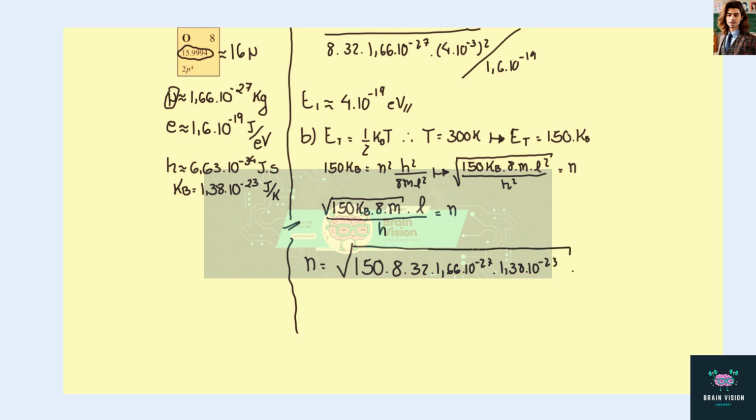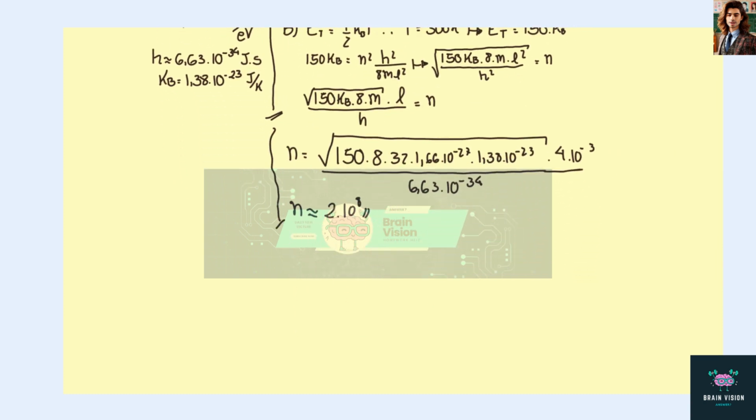Then we have L, which is equal to 4 millimeters, so 4 times 10 to the minus 3, and dividing all this is Planck's constant, which is approximately 6.63 times 10 to the minus 34, and this results in a quantum number of approximately 2 times 10 to the 8.